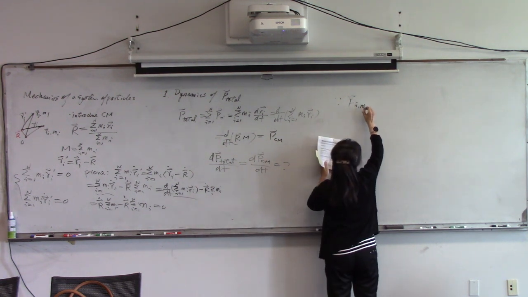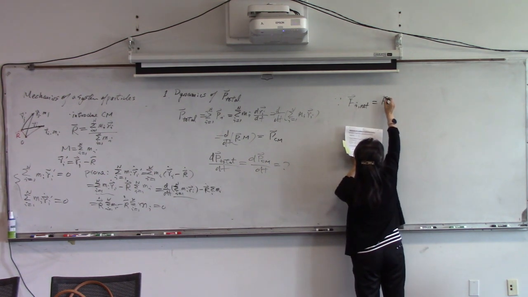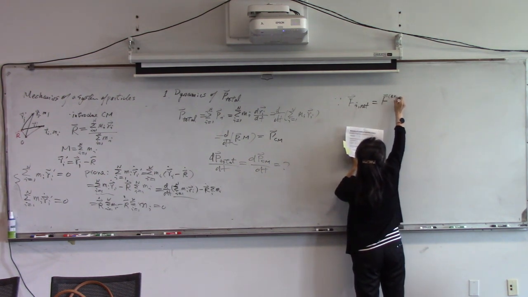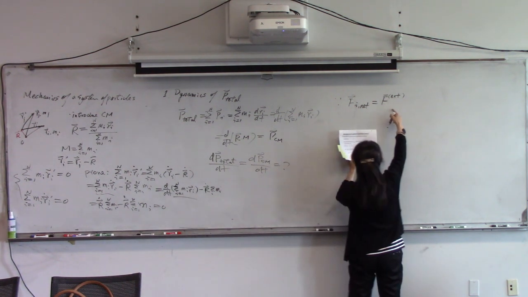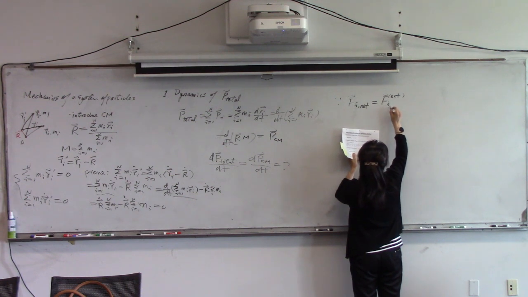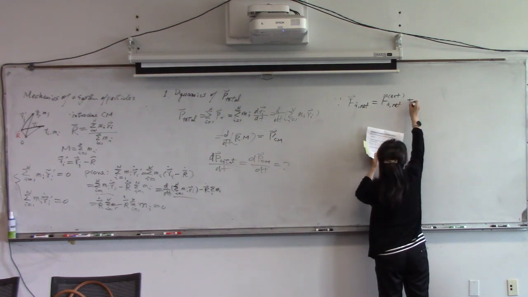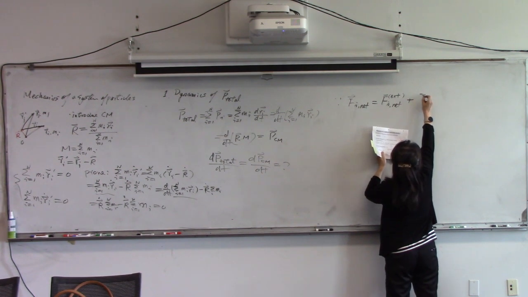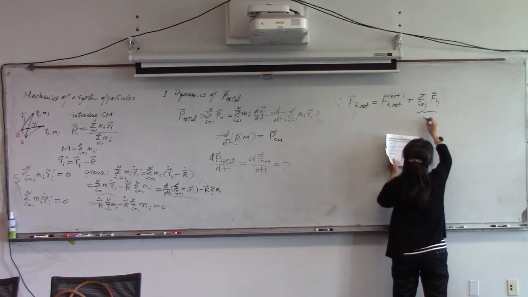So for the i-th particle, the total force on the i-th particle, I use x to mean external force. So we classify in terms of the external force on the i-th particle, plus the internal force, right? So the internal force is here: the sum over all j not equal to i. This one is the internal force.